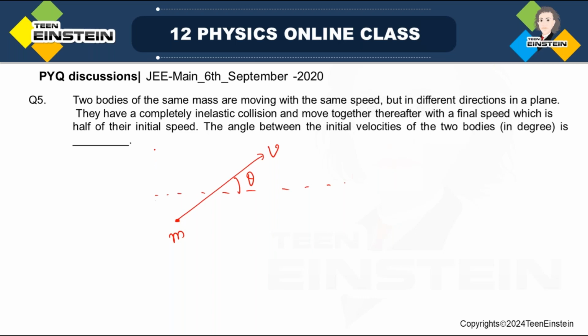Another one is also moving with the same speed but in a different direction. I'm just taking the direction like this. The speed will be the same, and they will make a collision.